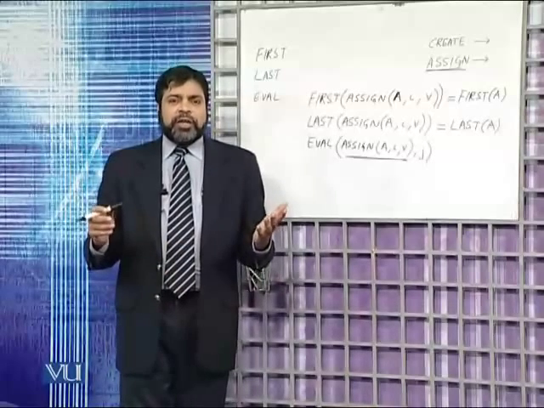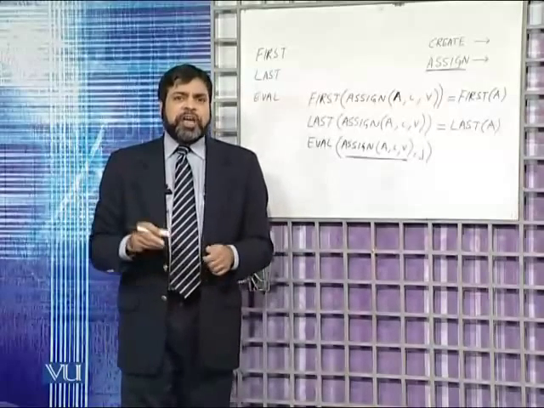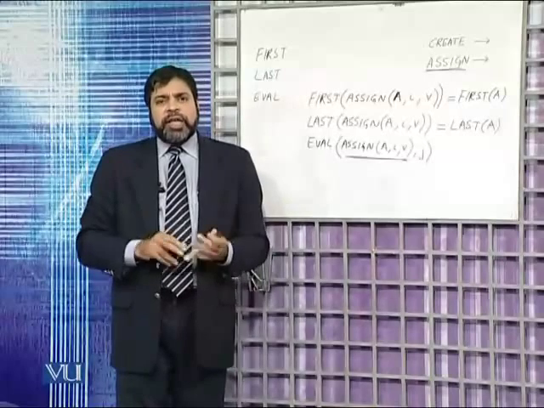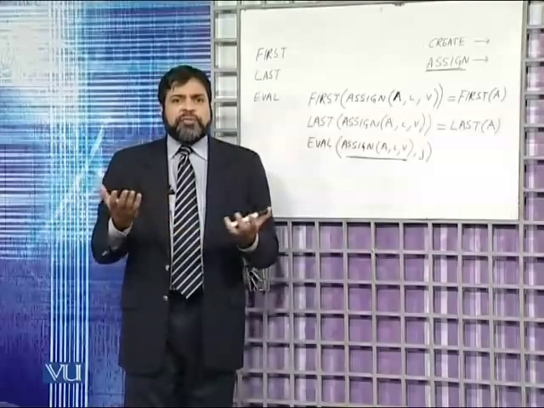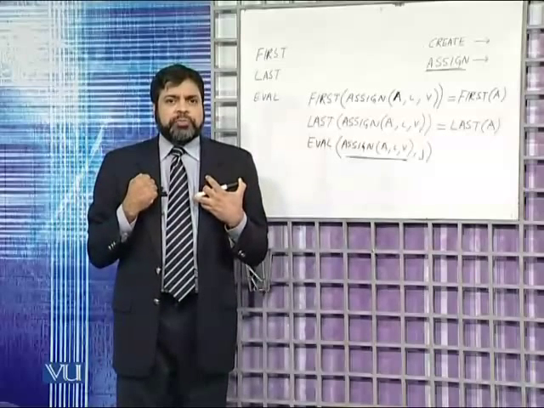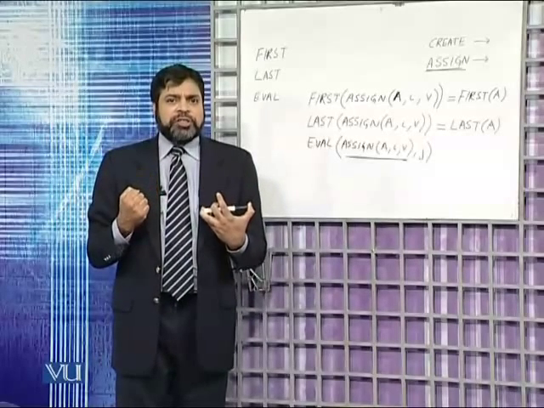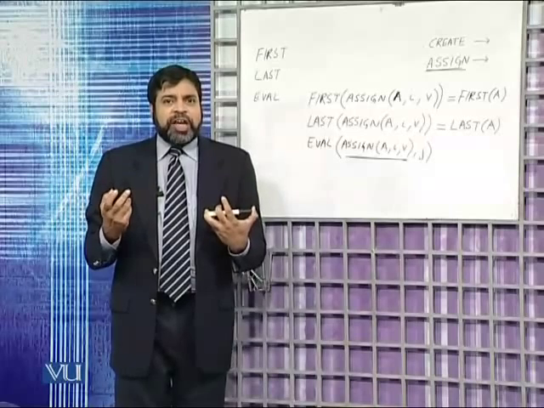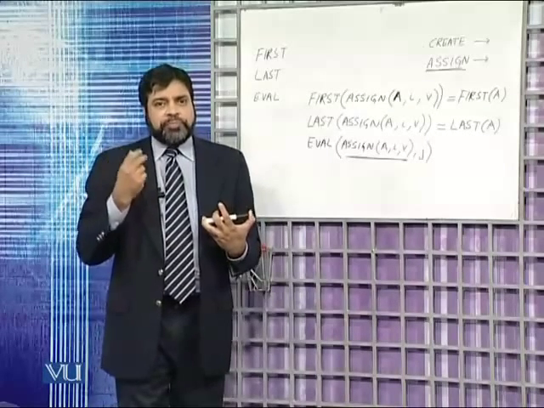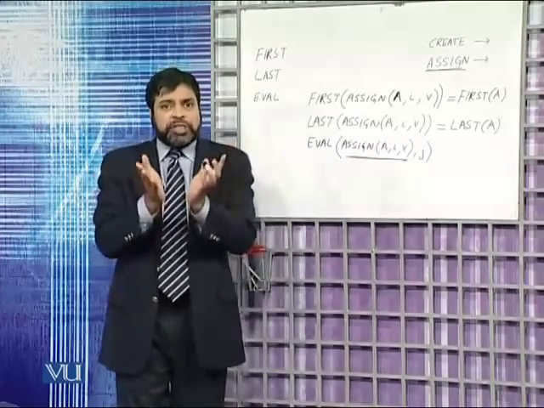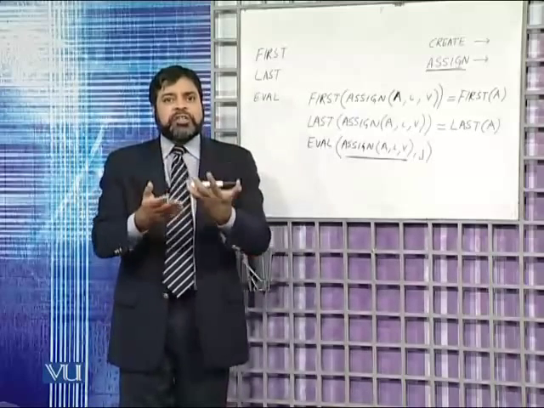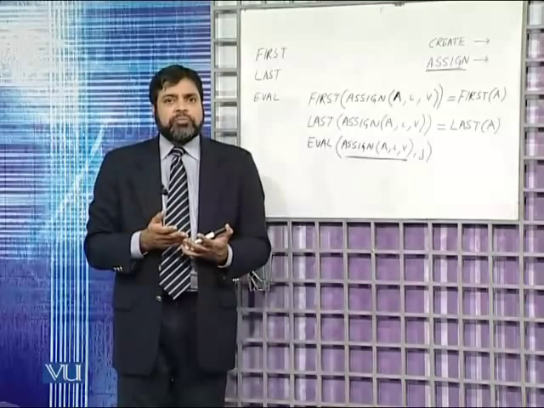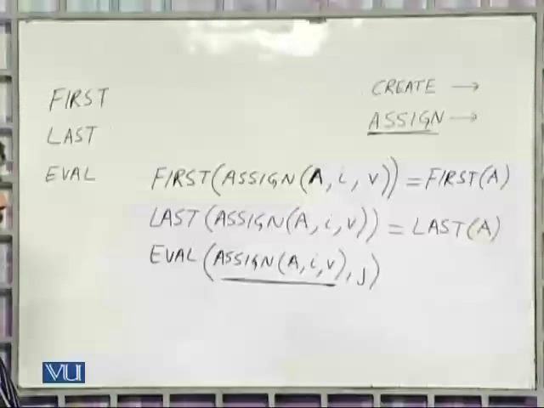Now, once again, an interesting question. What happens if i happens to be the same index for which I want to get this answer? That means the value that I will get is v, because this is the value that I have just put there. So if j happens to be that index where I have just put the value, I will get that value back. Otherwise, what will happen?